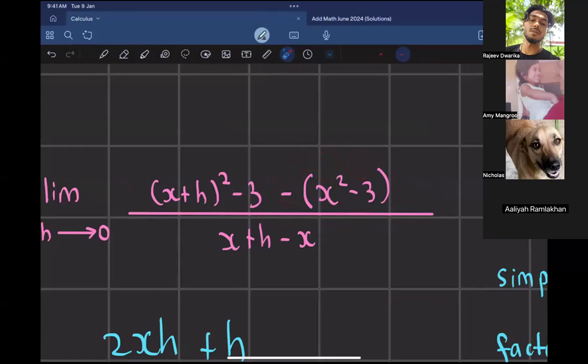Yes. And then you see if anything can cancel off. The h in the denominator could cancel off with h squared and 2hx. You would have to factor out the h term and then they can cancel off.